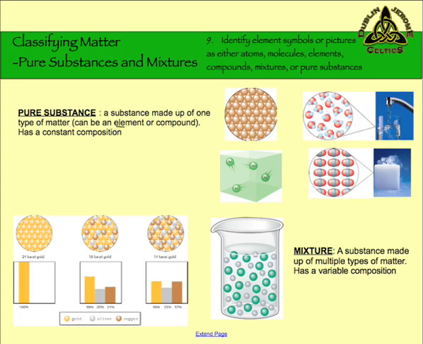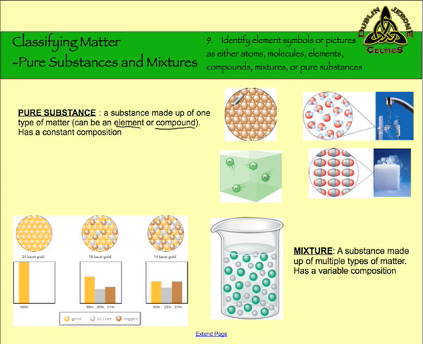It can be an element or a compound, as these pictures show to the right. A pure substance has a constant composition. What that means is it only has one type of substance in it. It doesn't matter if it's an element or a compound, but one type of substance.